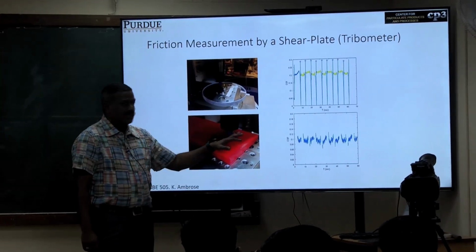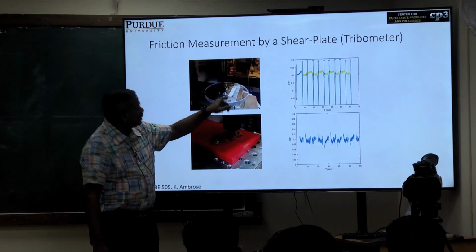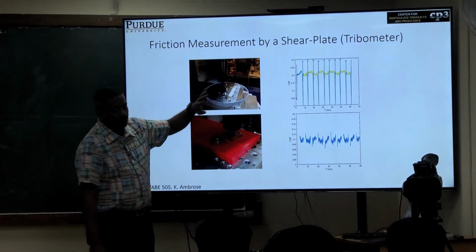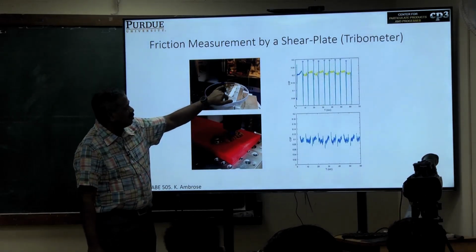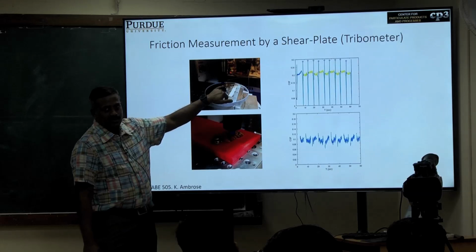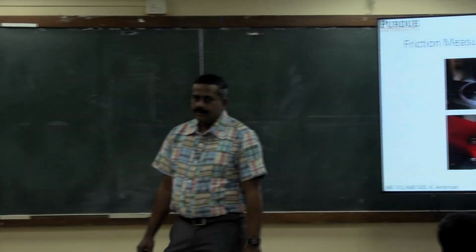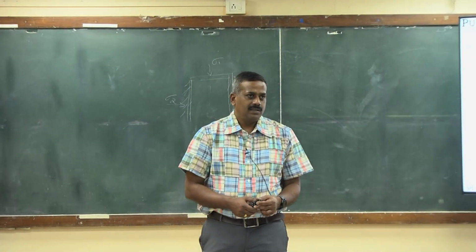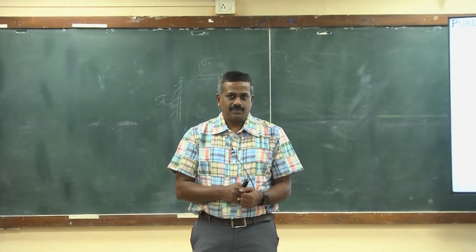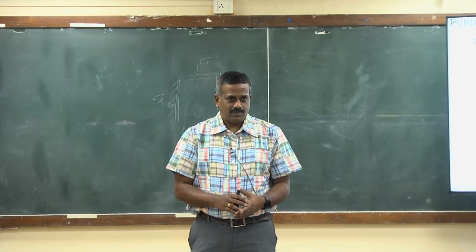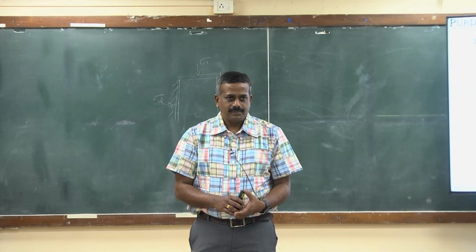I'm not showing the picture, but if you look very closely, you'll see a wheat kernel on the bottom, below the blue. You just glue it, and then you can measure grain to grain or surface to surface, whichever is of interest to you. Okay. So, clear?